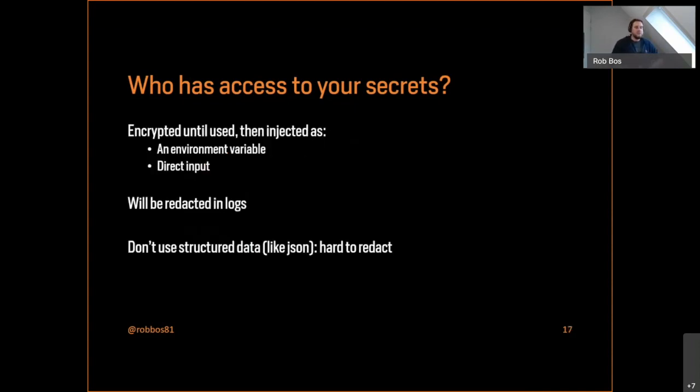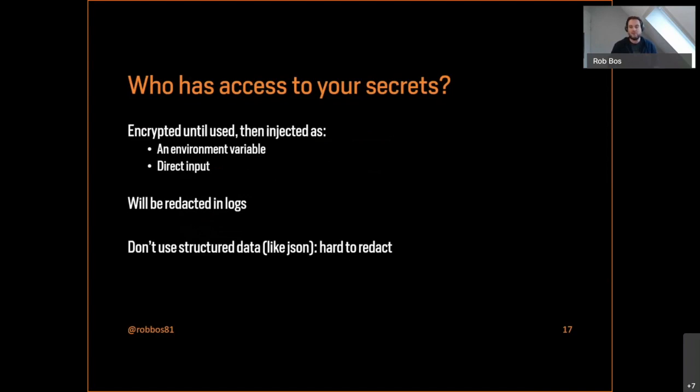Going back to those secrets and the security standpoint, well, okay, they are encrypted until they are used in the workflow. GitHub injects them as either an environment variable or direct input to your shell commands. They already say that we will try to redact them in the logs.